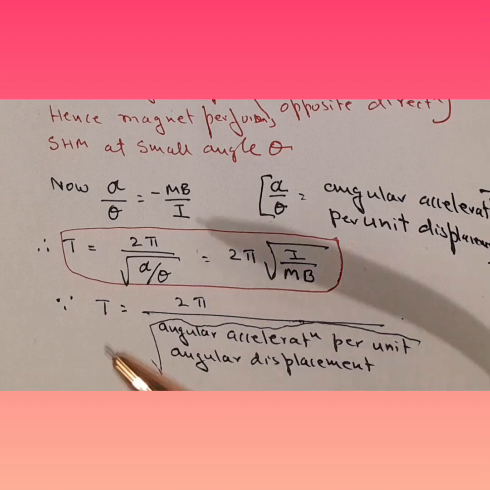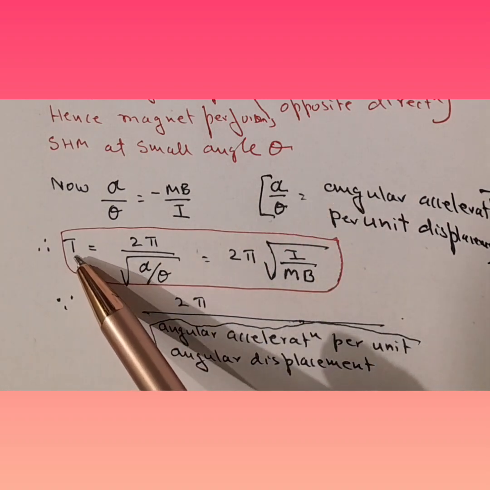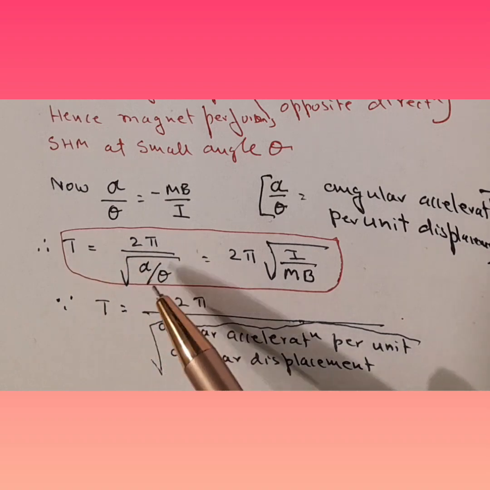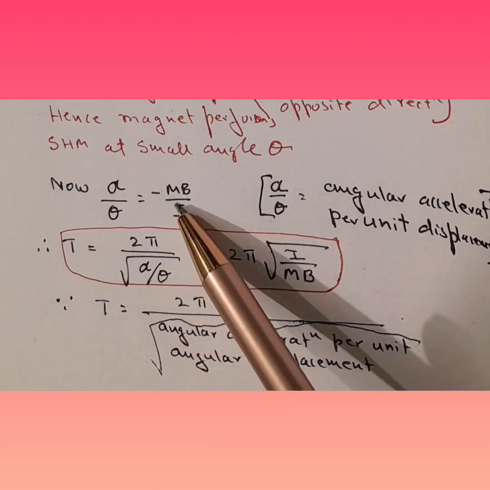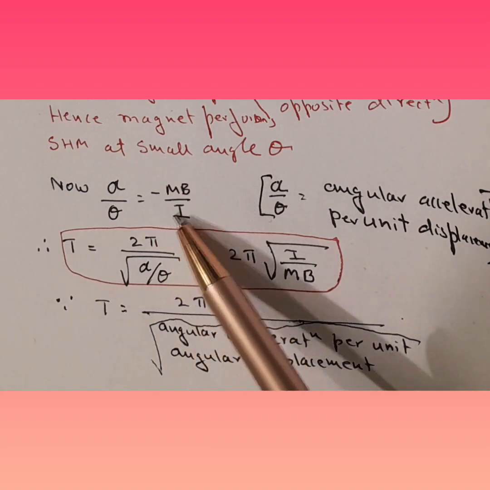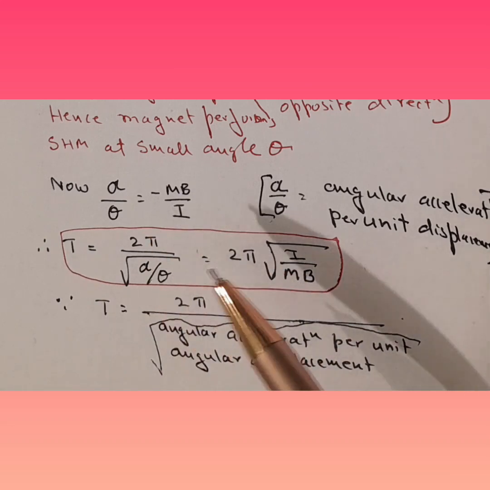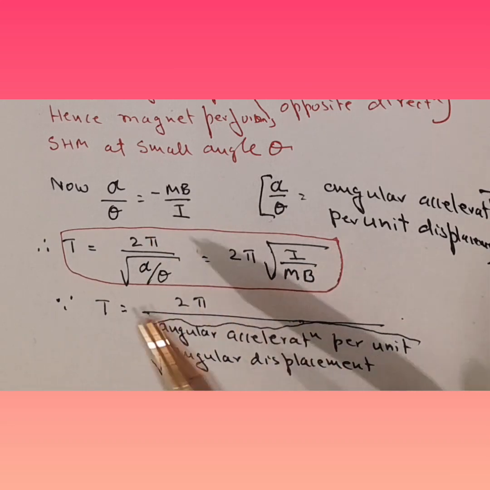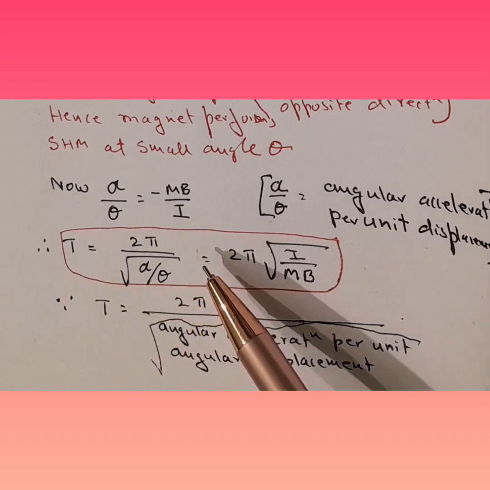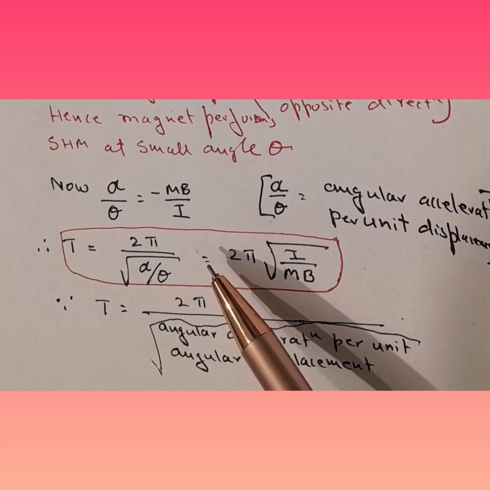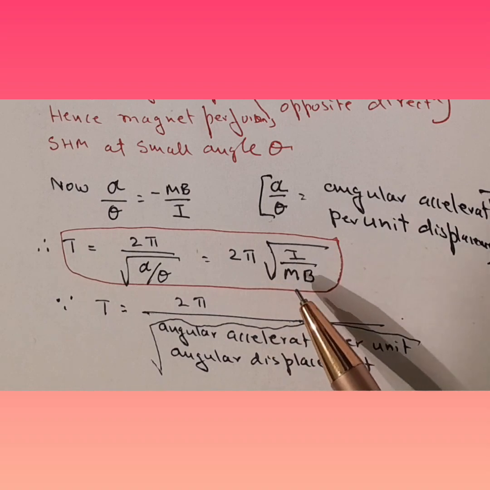So for the time period we write T is equal to 2 pi root of theta over alpha. And alpha over theta is already described to be this, so in terms of magnitude we substitute and get yet another formula for the time period of a small bar magnet performing SHM: T is equal to 2 pi root of I over MB.